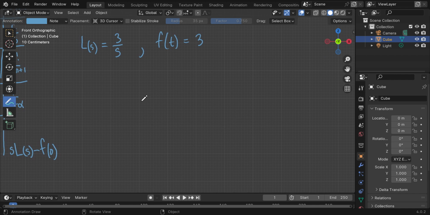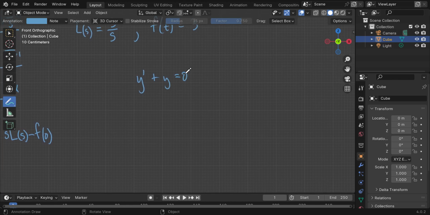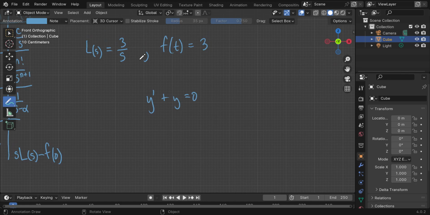One example is y prime plus y equals 0. This is a differential expression. If we translate this into the appropriate Laplace transform, solve that Laplace transform for some L of s, we could potentially find some function of t that would have to be a solution to that transform.